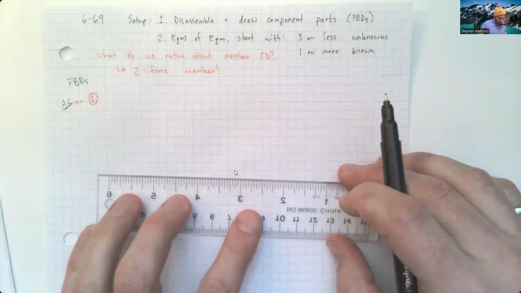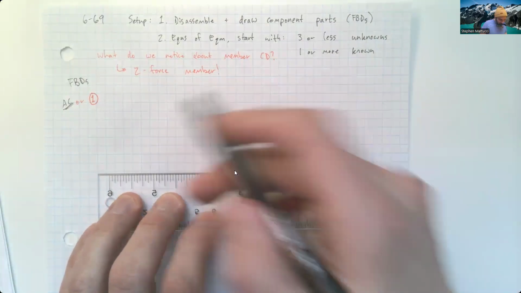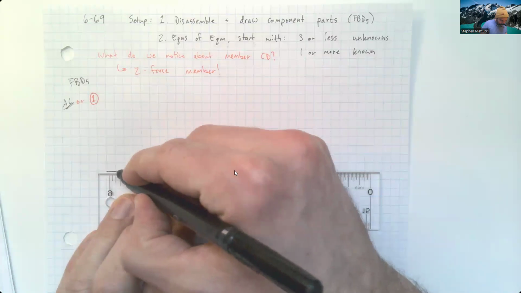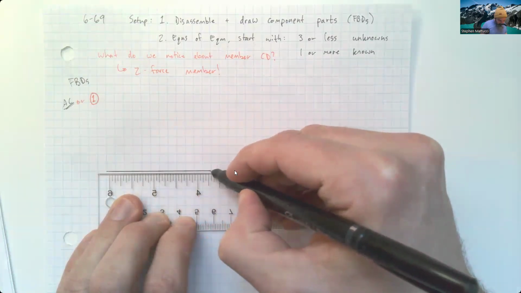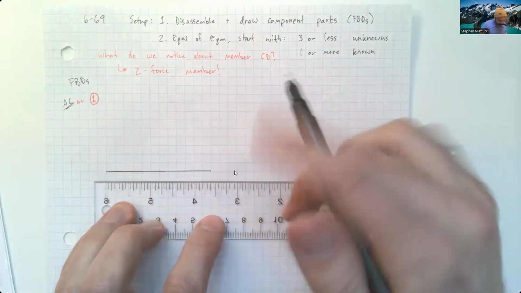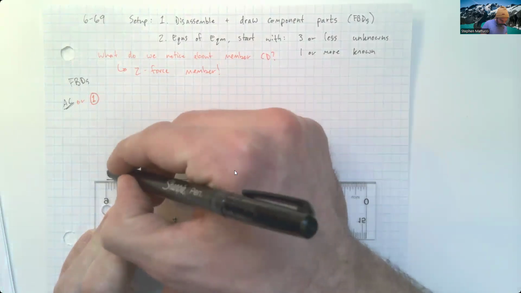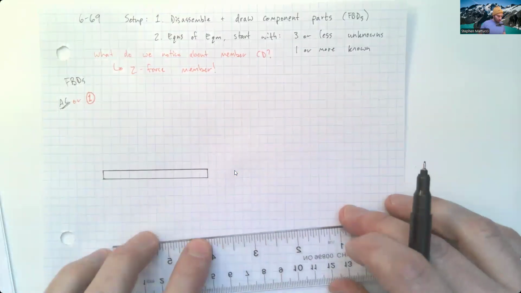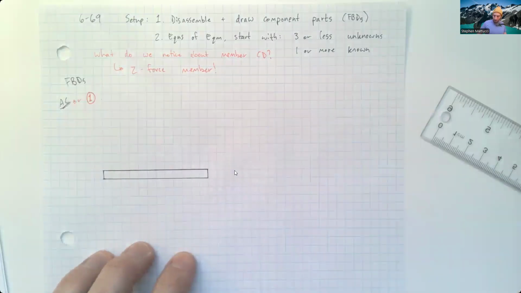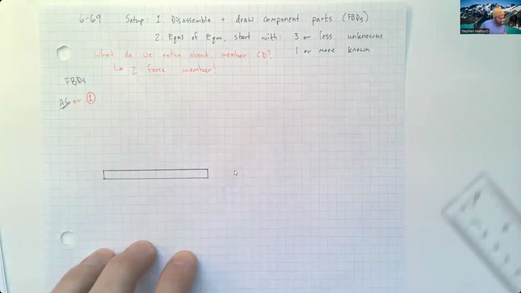And I'm going to draw my free body diagram here. So here is my member. There's a distributed load.